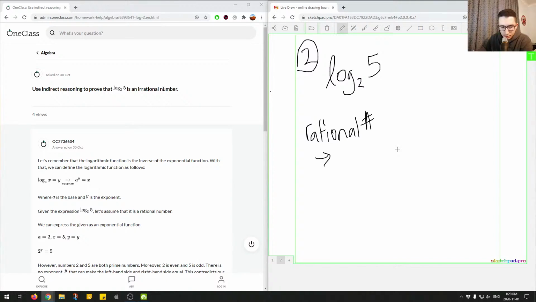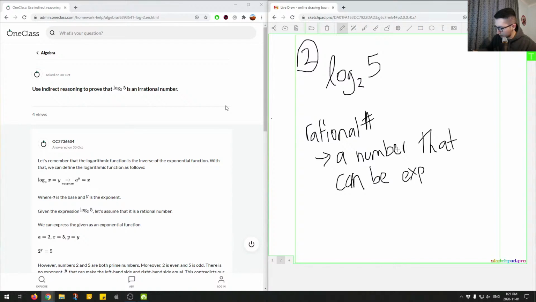A rational number is a number, and I'm just using this hashtag symbol to represent a number, that can be expressed as a ratio of 2 integers.